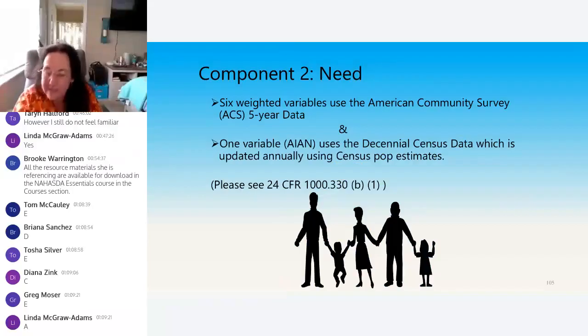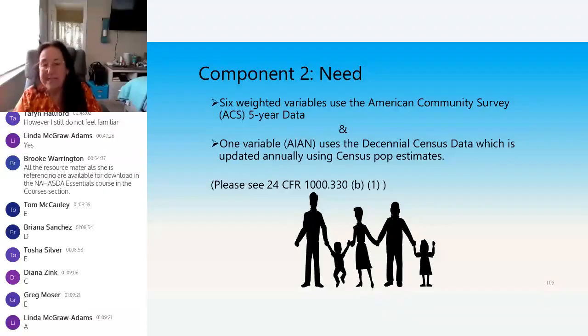And it's worth finding out about your unit count. So there are needs. There are 6 weighted variables used within the American Community Survey, the ACS 5-year data. There's 1 variable, your American Indian Alaska Native, that uses the decennial census data, which is updated annually using your census population estimates.